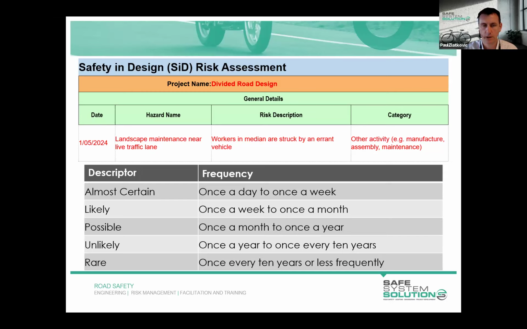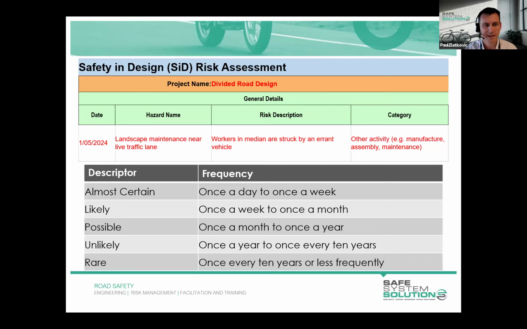If you were considering likelihood, you might have more information. You might be looking at the speed of traffic, asking yourselves how often the landscaping needs maintenance. All those sorts of questions, and you'd have that information if you're in a full design project.